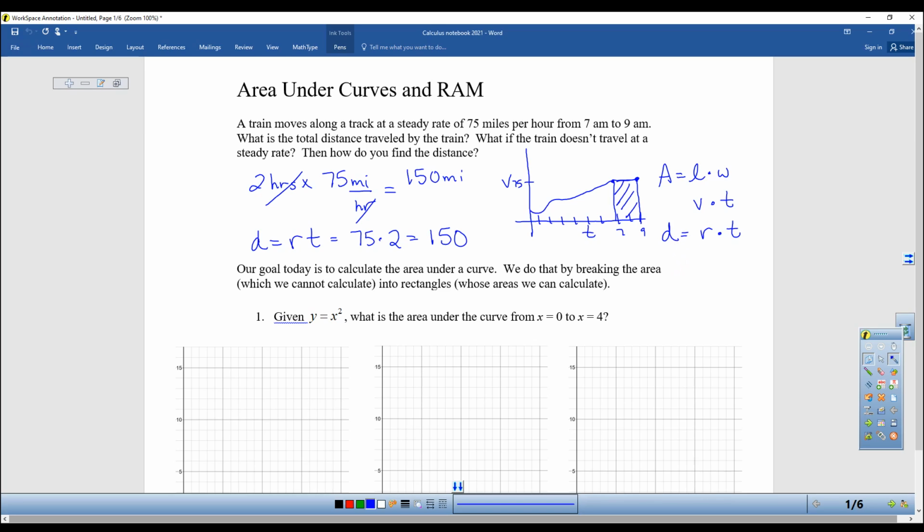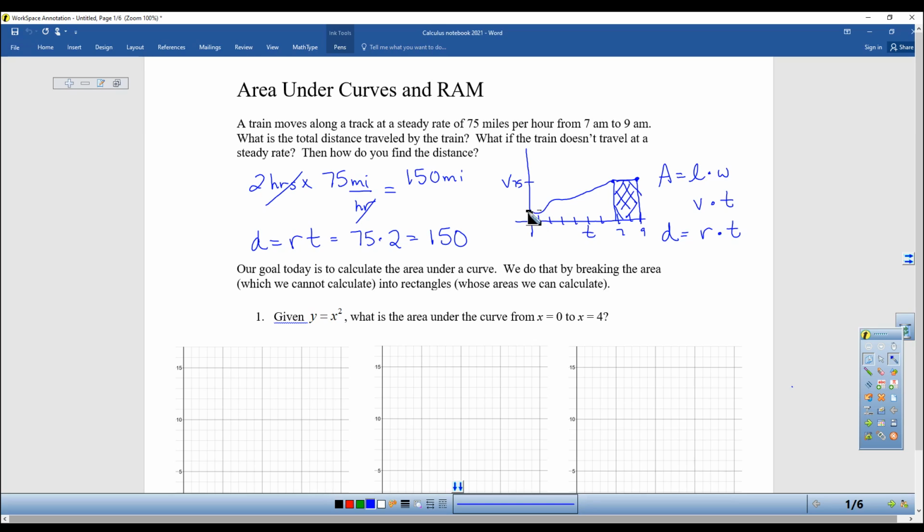So here's the super exciting thing that we're learning today: if you have a velocity graph over time, the area underneath that graph will tell you what the total distance is. Now, of course, the chances of something going completely constant like that are very slim.